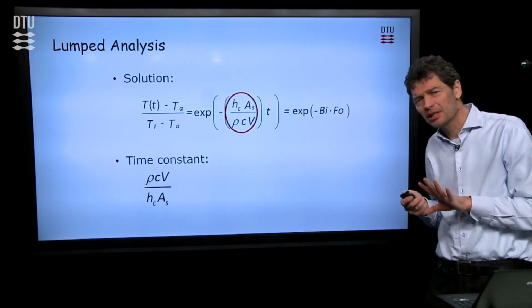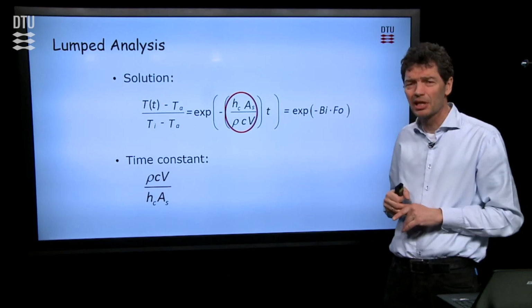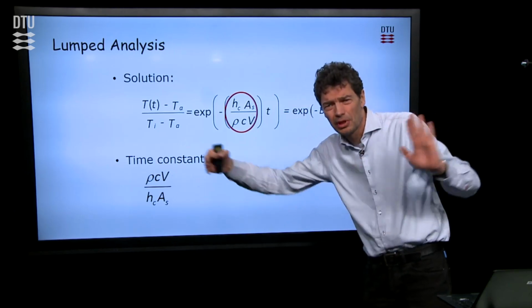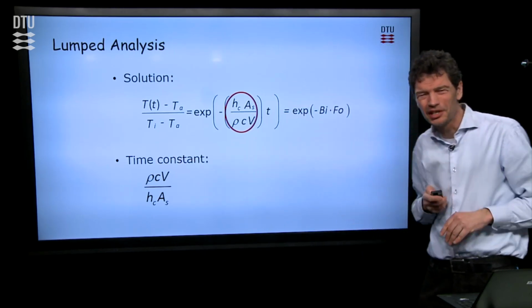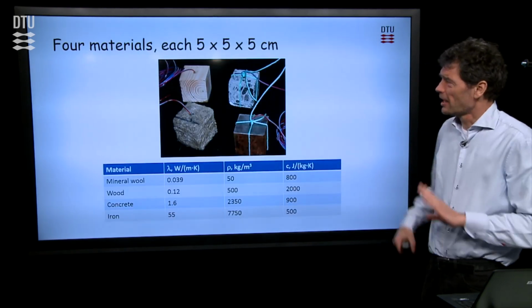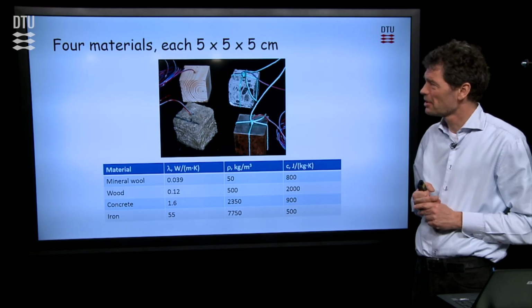So kind of a constant that tells us how quickly things change under the circumstances that we are analyzing. A large time constant means large capacity, so it takes a long time, or slow changes, if you will, of the temperatures in our material.